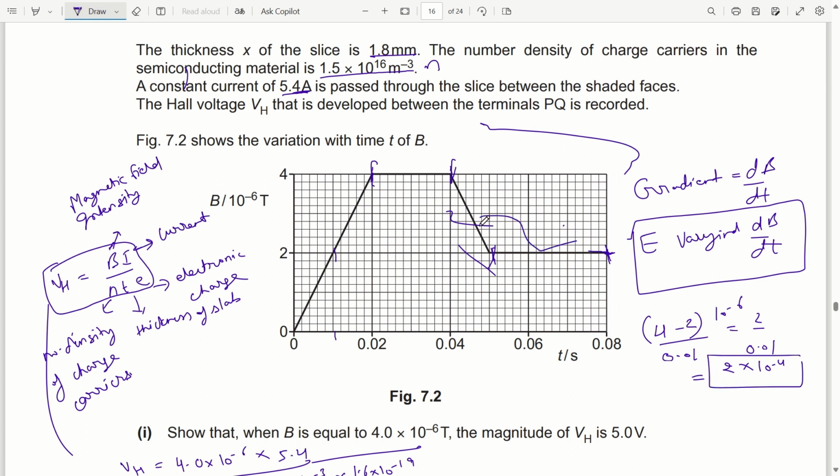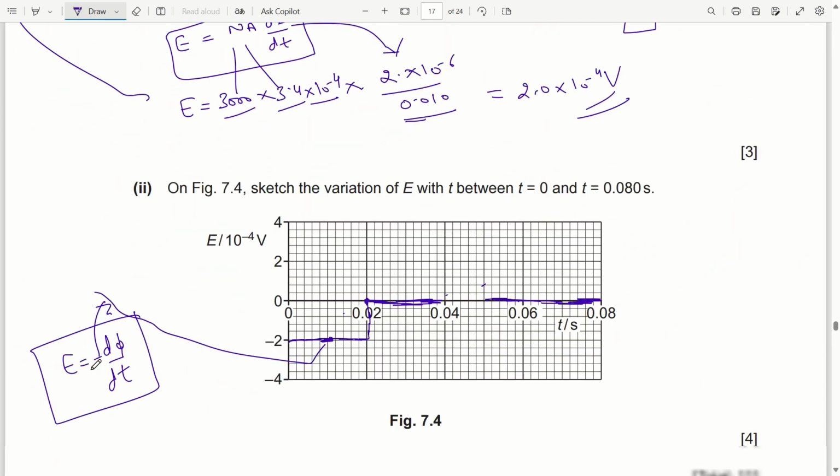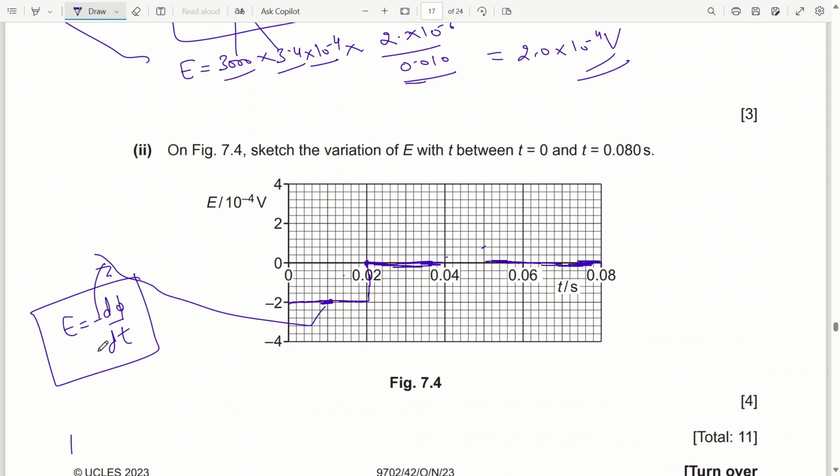But since the gradient is already negative here, the EMF will be positive here, and it will become like this. So this will be the graph.